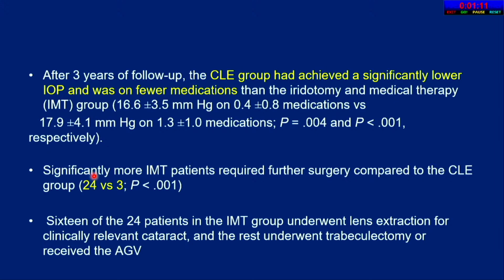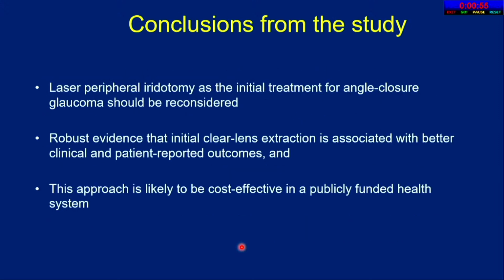And in fact, the patients with laser PI and medication required further surgery. 16 of the 24 patients in the laser PI group underwent lens extraction for clinically relevant cataract over a period of time, and some underwent trab and tube also. So the conclusion from the study is that laser PI as the initial treatment for angle closure should be reconsidered.